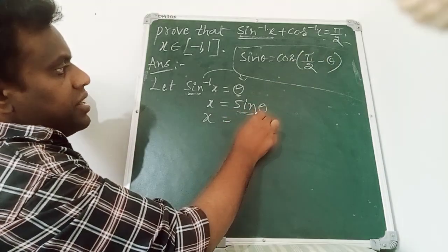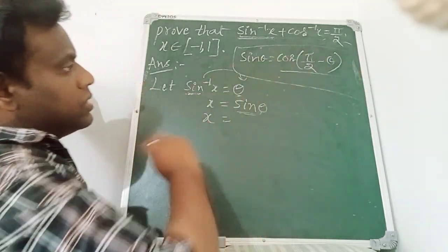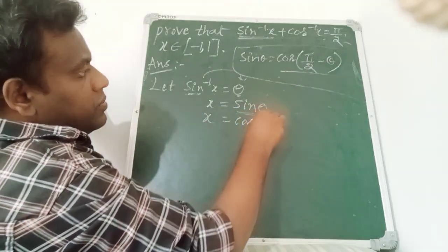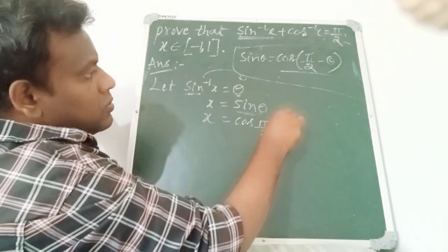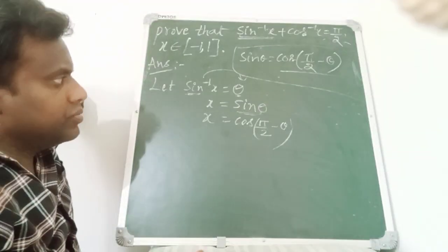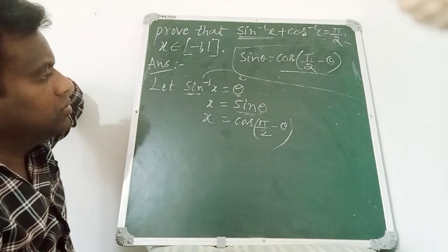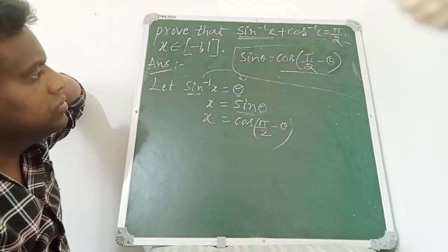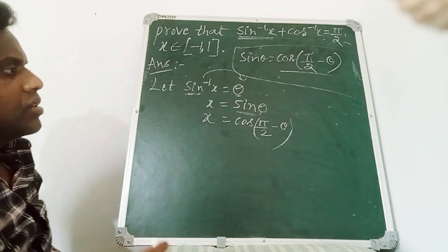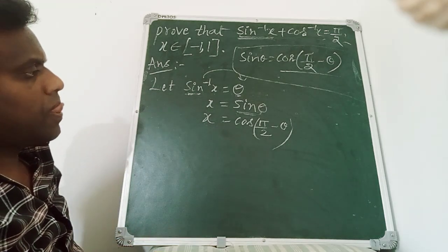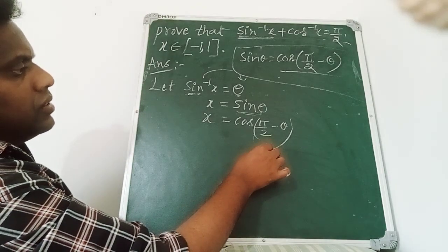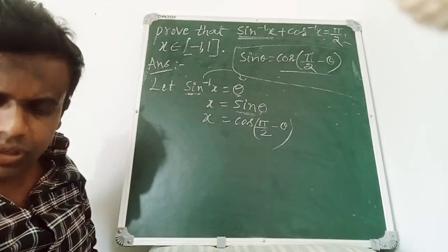Now in place of sin theta I will write this: cos of pi by 2 minus theta. I am going to write it here. Till here you understood, right?